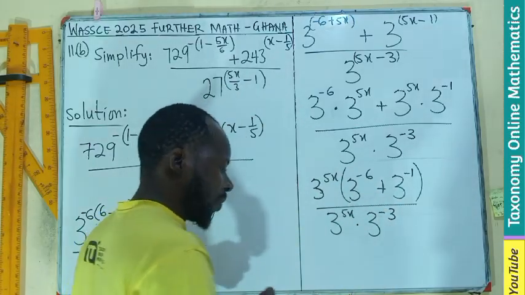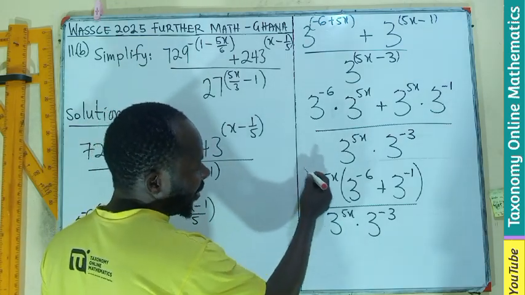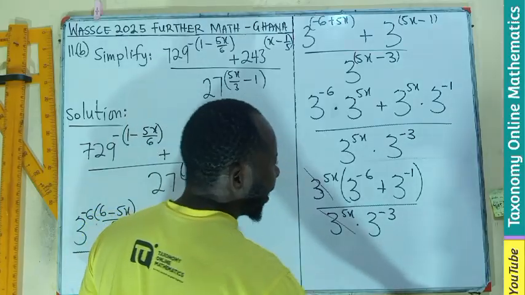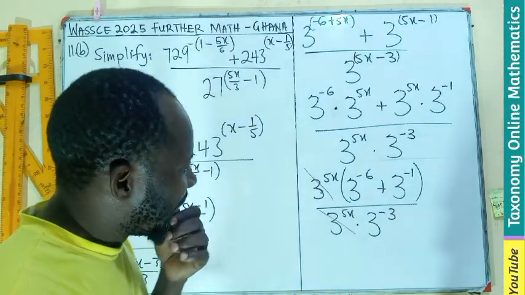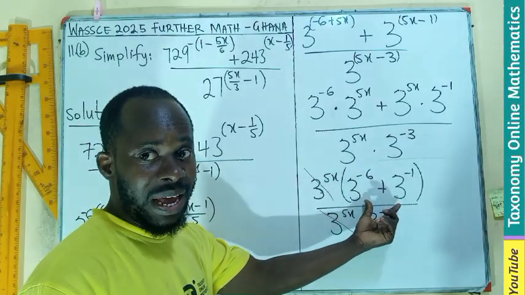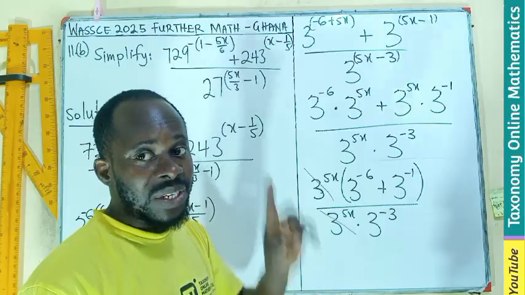So here we can see that the 3 exponent 5x is common to both the numerator and the denominator, so it cancels. We cannot add it from here, so we expand them into their respective fractions.